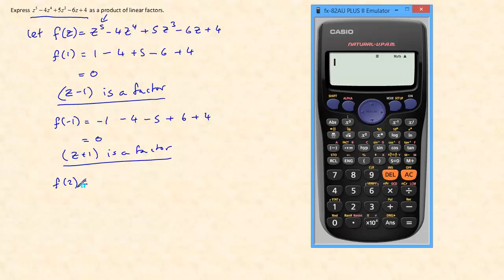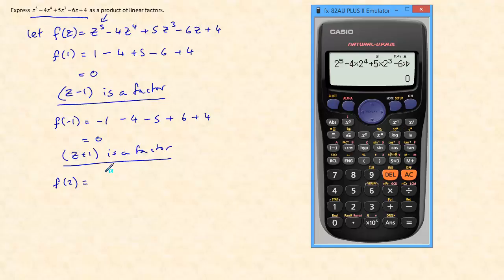So we have 2 to the power 5, take away 4 multiplied by 2 to the power 4, add 5 multiplied by 2 to the power 3, take away 6 lots of 2, add 4.